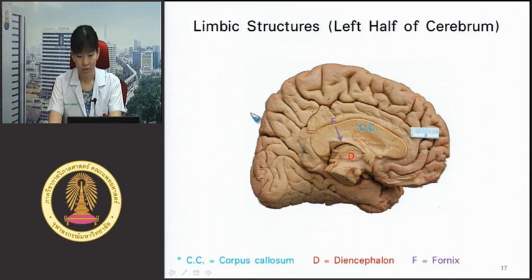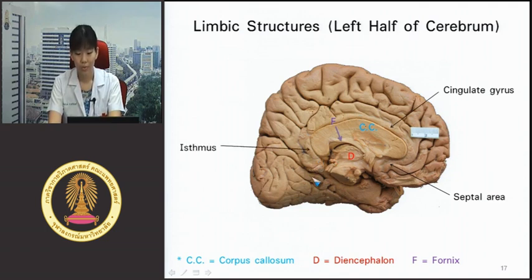The limbic structures are located on the medial margin or limbus of the cerebral hemisphere. Its components include the septal area, cingulate gyrus, isthmus of the cingulate gyrus, parahippocampal gyrus, and uncus.